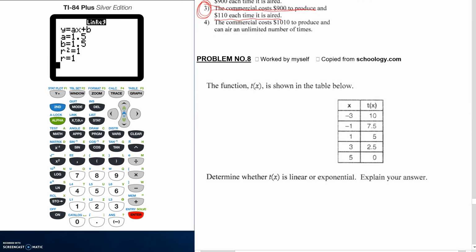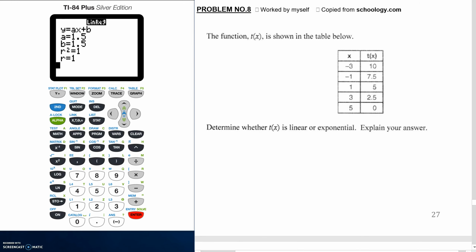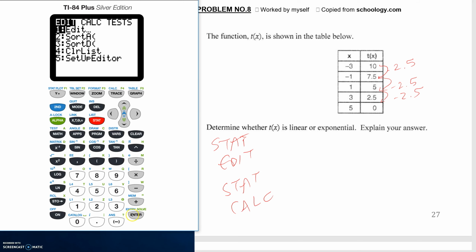Okay, taking a look at number 8. Is it linear or exponential? So we've seen this question before. You can answer it simply by saying, look, we keep going down by 2.5. If I see a constant rate of change, then I know it must be linear. The other way, of course, to do it is stat edit, stat calc. So our first move is always to enter the data.